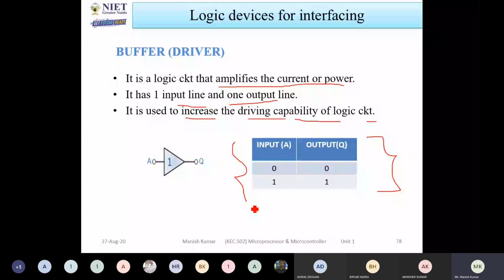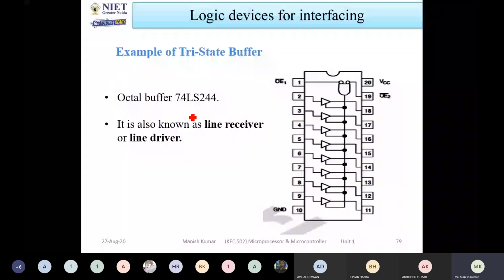From the buffer, you can take the data anytime, since data is always available in that. So see, this is the octal buffer, its name is 74LS244 octal buffer. Octal means 8. So this has 8 different inputs and 8 different outputs.